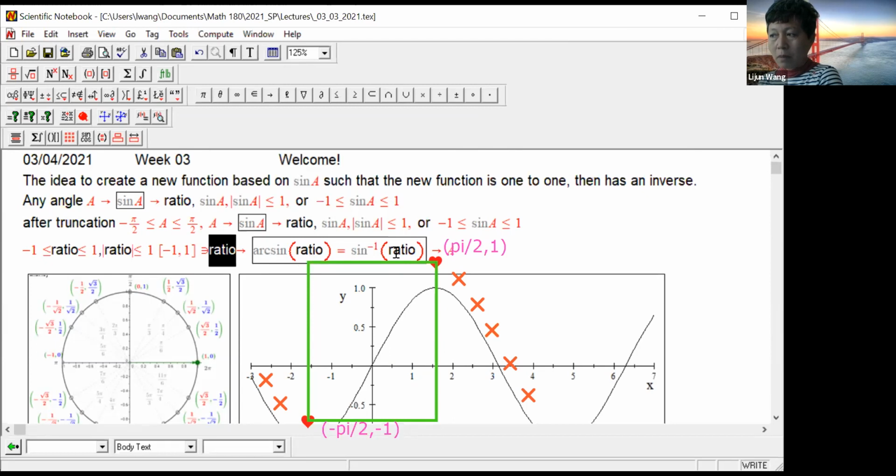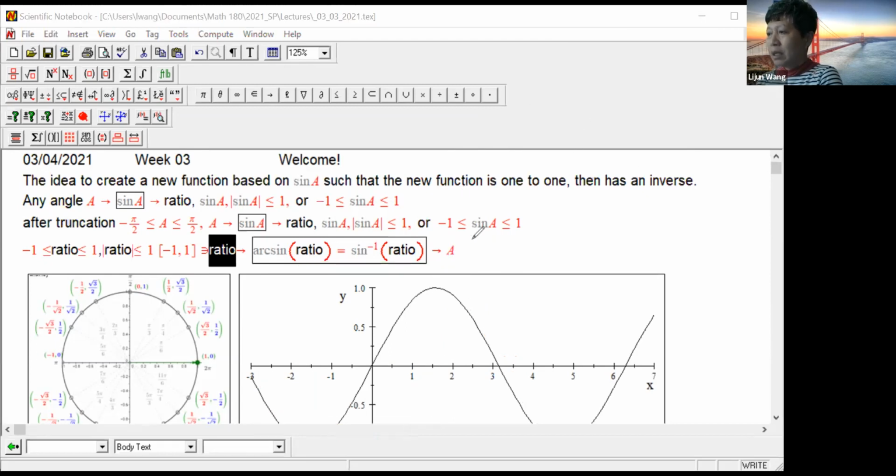So now I'm going to clean this up a little bit. And what will be the angle produced? What will be the output? The output will be between negative pi over 2 to pi over 2.